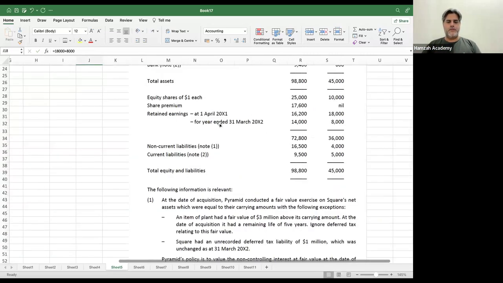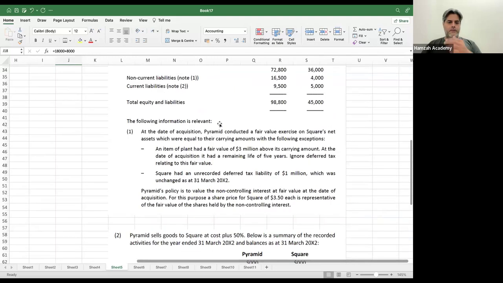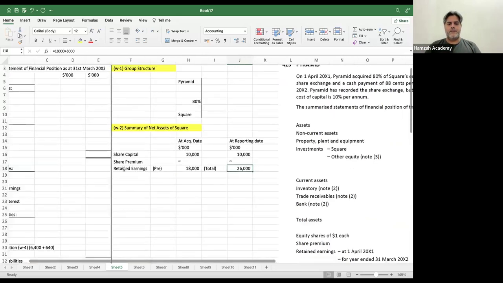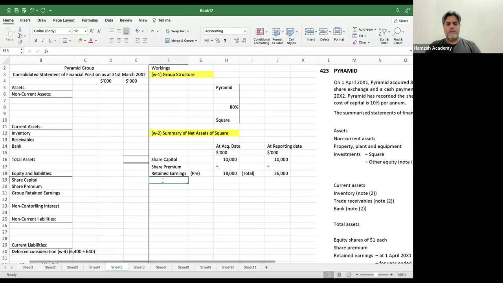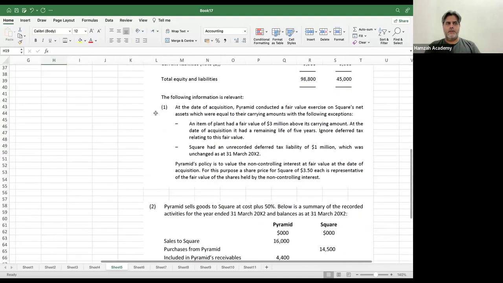So we have this whole basic information over here. Now, the following information is relevant. At the date of acquisition, Paramount conducted a fair value exercise on the Square's net assets, which were equal to their carrying amounts with the following exceptions. Number 1. An item of plant had a fair value of 3 million above its carrying amount at the date of acquisition. It had a remaining life of 5 years. Ignore the deferred tax relating to it. So we have a fair value of plant, $3 million.